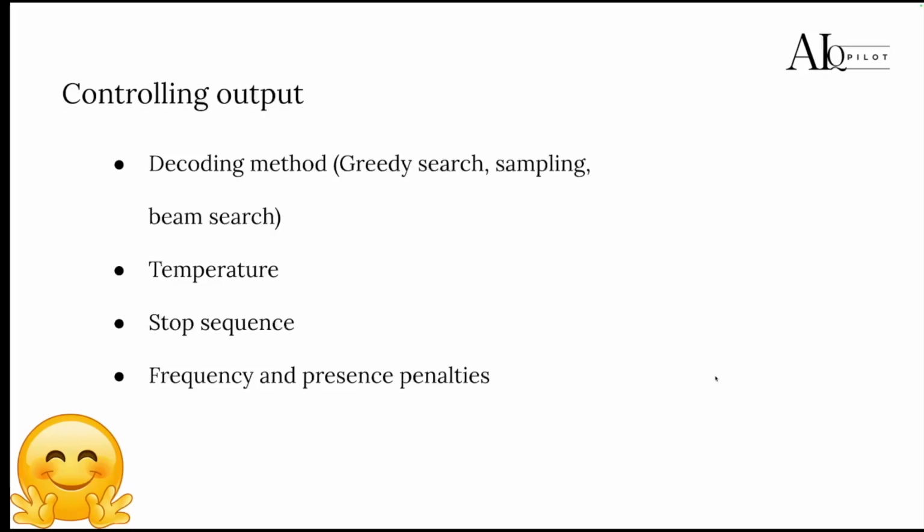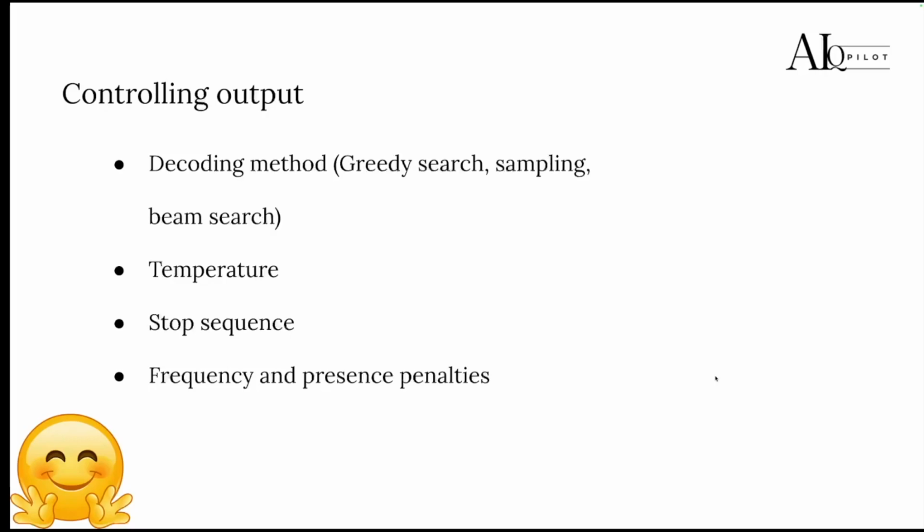We also have another parameter named temperature, which helps us control the randomness of the output. So if we want to improve the creativity of the foundation model, we can use this parameter and increase the randomness of the generated output.